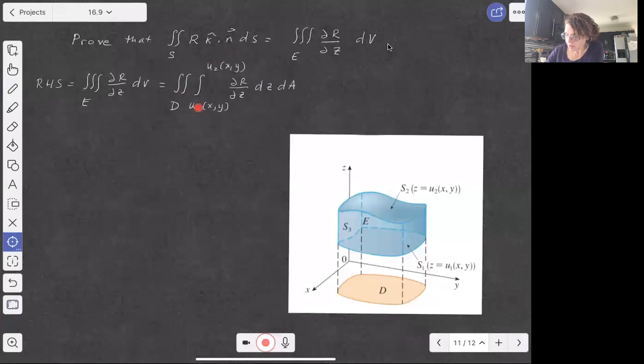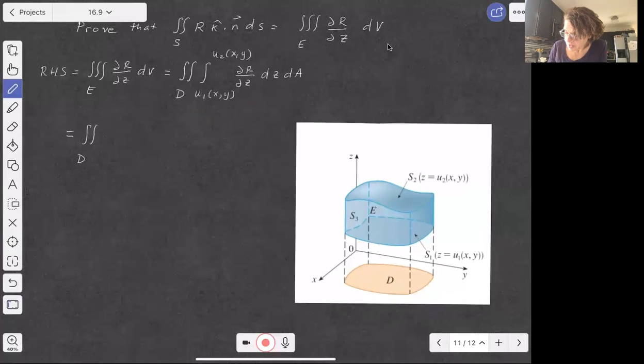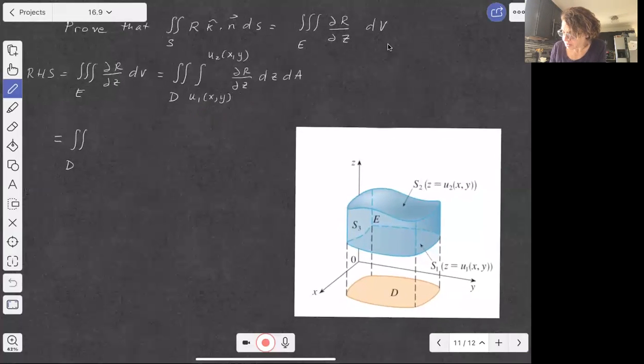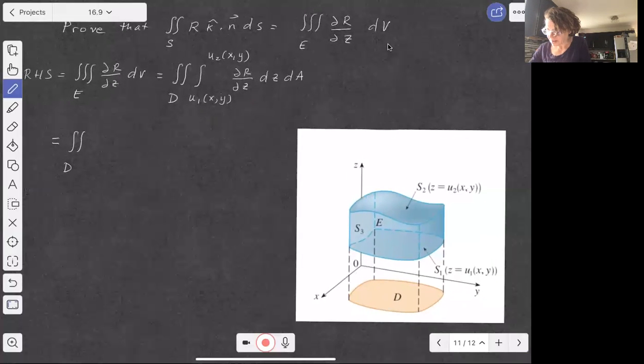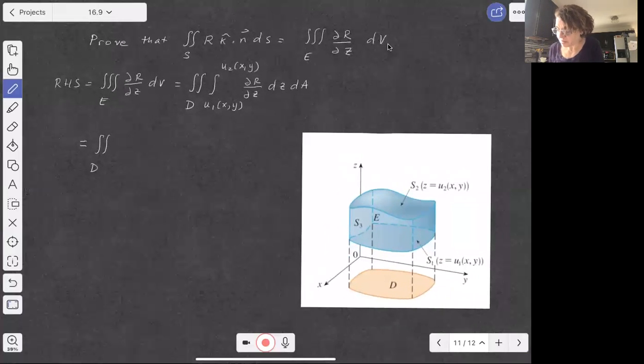All right, so this piece here, that integral, I could do out using the fundamental theorem of calculus. So what I can do is write this as the double integral over D of, all right, the fundamental theorem of calculus says that when I integrate with respect to z, I'm going to get R at x, y, and u2 of x, y, minus the final value minus the initial value.